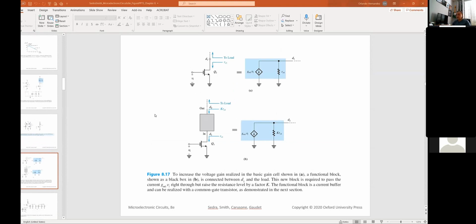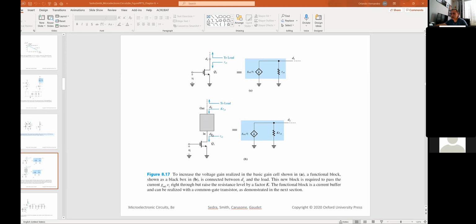So what are we going to do about that? Because we want to increase the voltage gain, okay? We're going to have to do an impedance transformation. And what we want, if you imagine that we have this box here between the load and the drain of Q1, which is the amplifying transistor, is to pass the current.